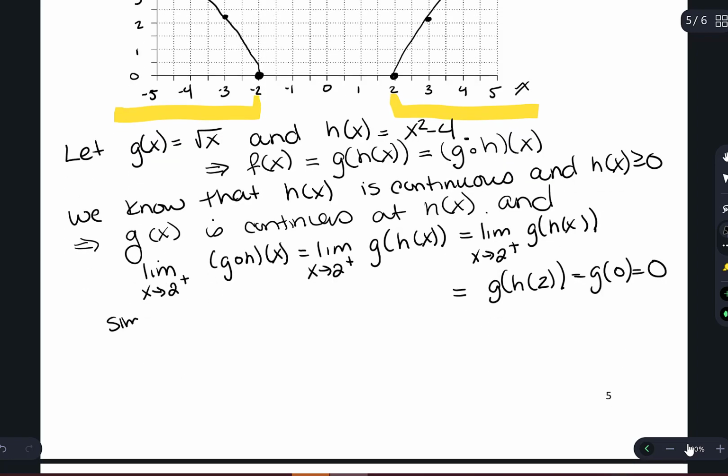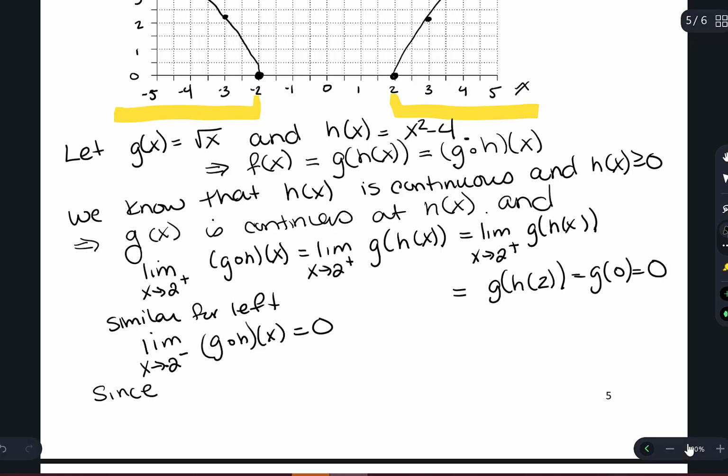And then similar for the left, we could show that the limit as x approaches -2 from the left of g of h of x is equal to 0.